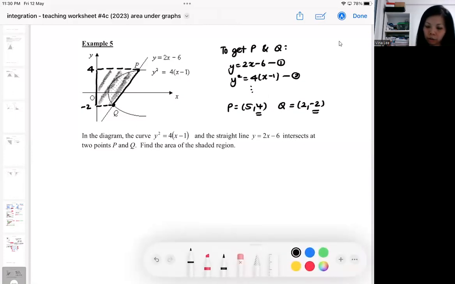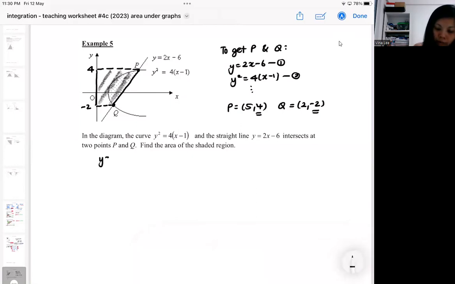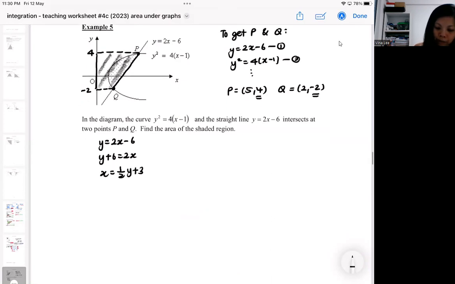For the trapezium, you've got 2 choices. You must remember to manipulate the equation. For the trapezium, you can either integrate this, or I'm going to do half times height times sum of parallel lengths.